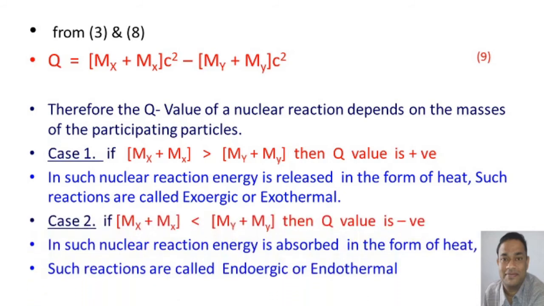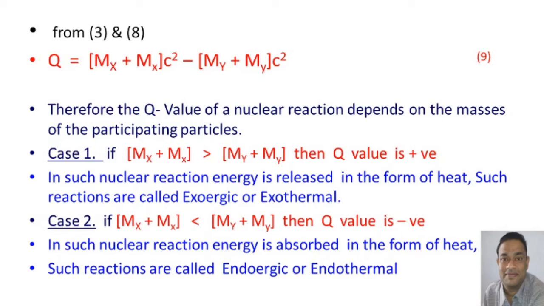Now case 2. If the sum of initial masses is less than the sum of final masses, that is M capital X plus M small x is less than M capital Y plus M small y, then the Q value is negative.